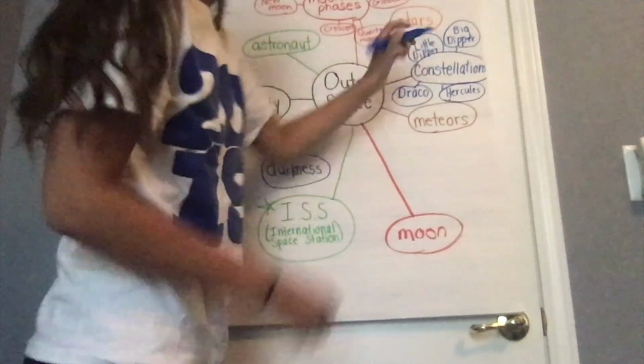So those are just examples of constellations, and notice that they're coming out of constellations in itself.